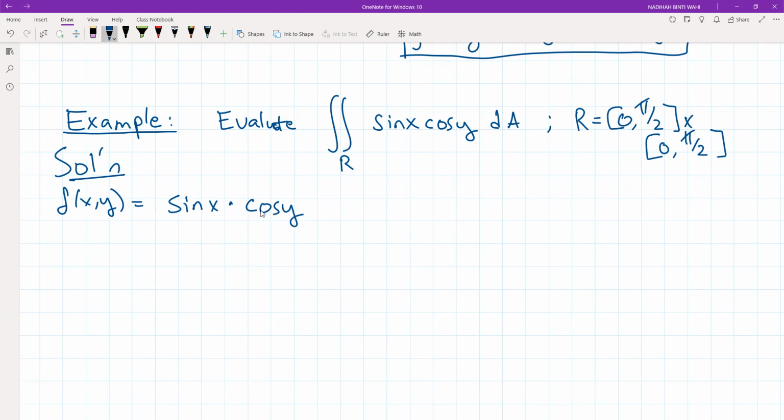Saya assume awak expert lah. Alright, so kita boleh buat. So v equals to integrate from 0 to pi over 2 sine x dx, from 0 to pi over 2 cosine y dy.